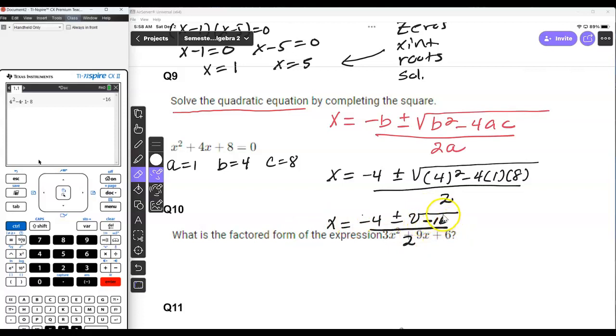So this is an imaginary number, a complex number. So the square root of 16 is 4. So that's going to be 4i. So you have negative 4 plus or minus 4i divided by 2. So the answer is bundled. So you have negative 2 plus or minus 4 divided by 2 is 2i.